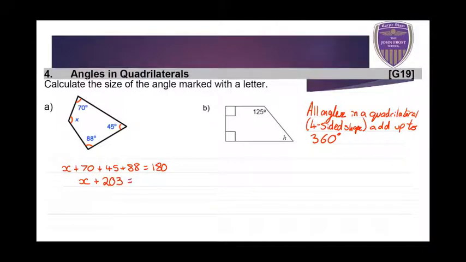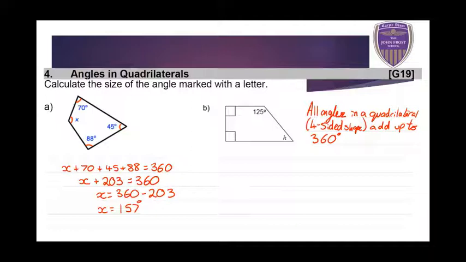So x plus 203 is 180. Oh, sorry, 360. Remember, the angles add up to 360 degrees. So x plus 203 equals 360. So therefore, x equals 360 take away 203. So x equals 157 degrees. Okay.